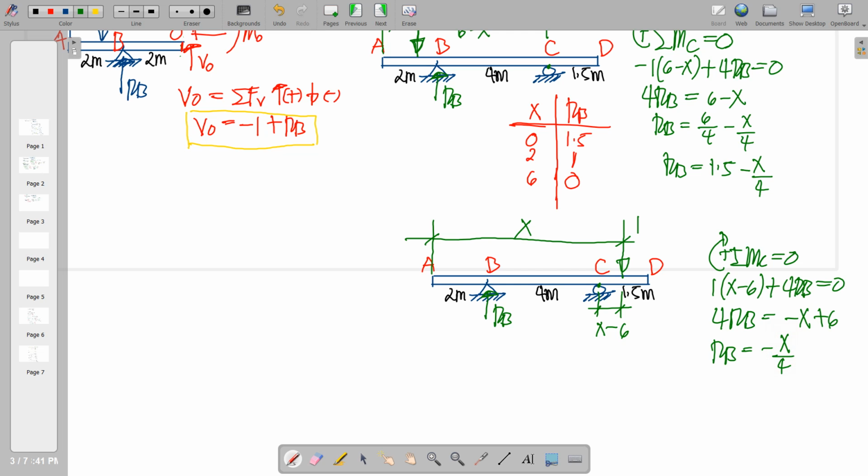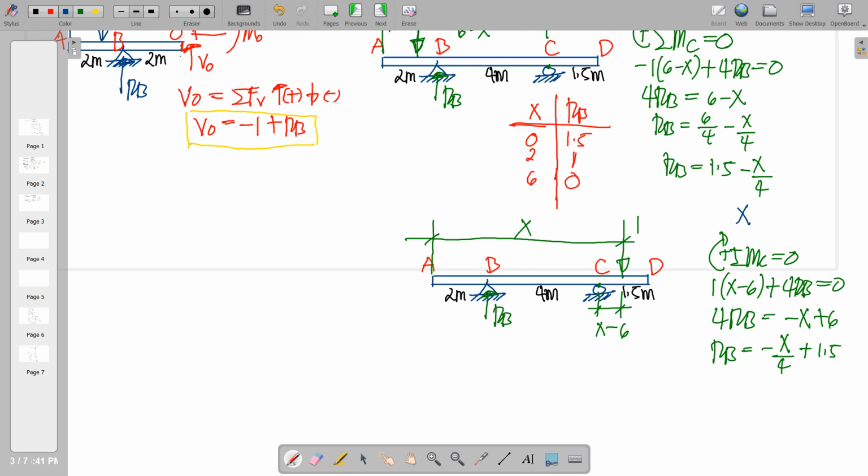Okay, plus 6 over 4. And 6 over 4 is 1.5. Okay. So to tabulate that one, this equation is applicable to x that is just right of C. Okay.